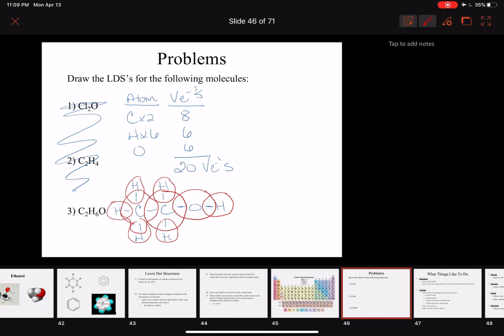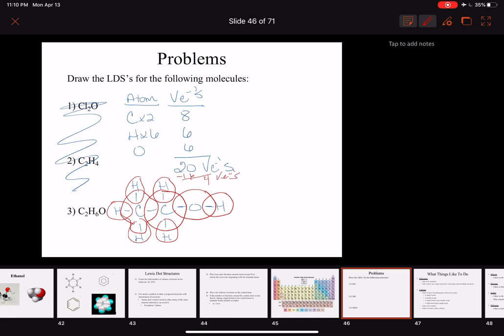It has a quartet, and it needs 4 more electrons around it to make that octet. So we can either take those remaining 4 electrons, because remember we used up 16 so far, so we have 4 valence electrons left over.